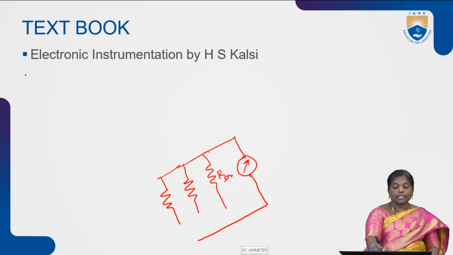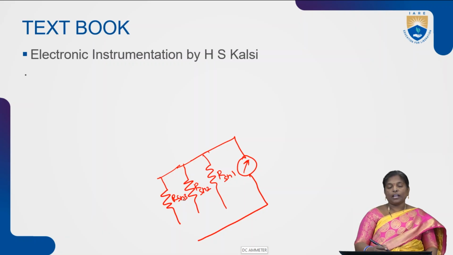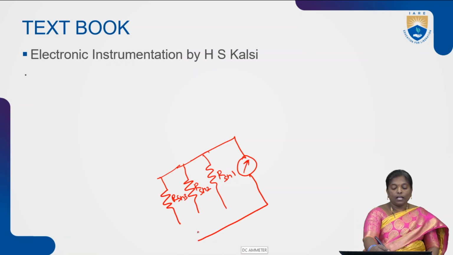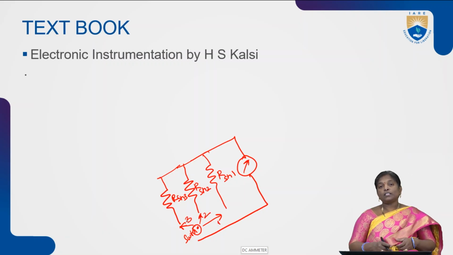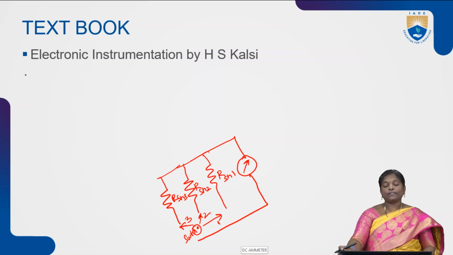This is RSH1 and this is RSH2, RSH3. All these resistances can be connected to the meter with the help of a switch. This switch is called a make before break switch.